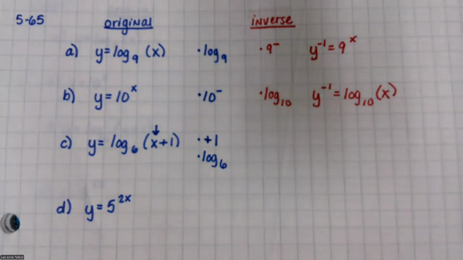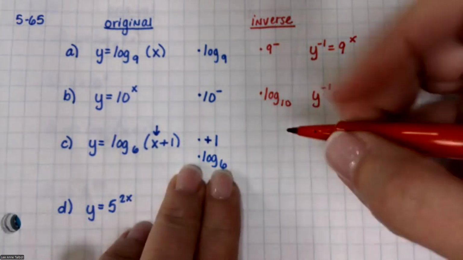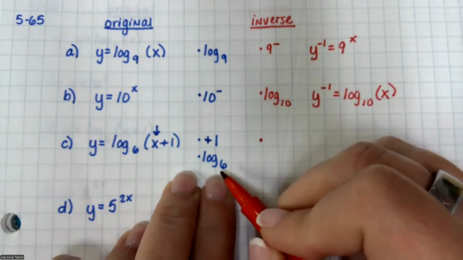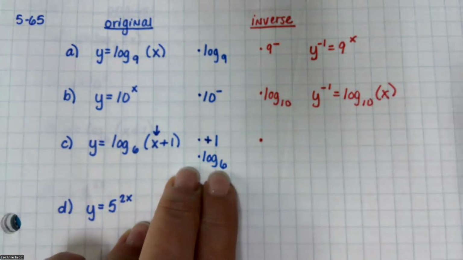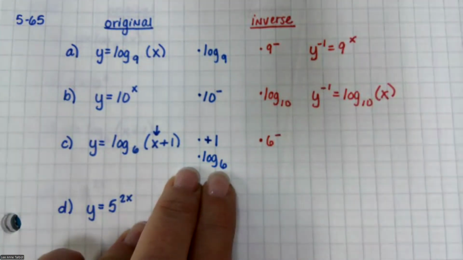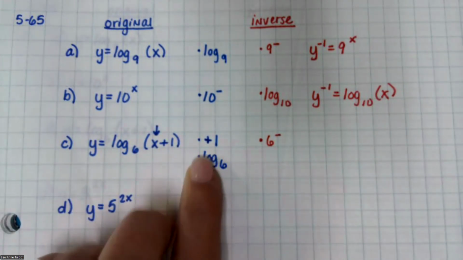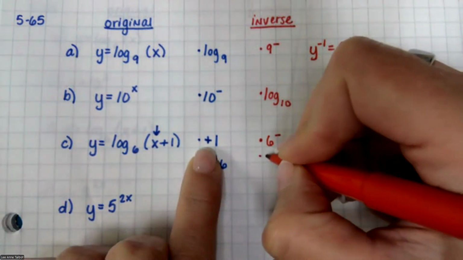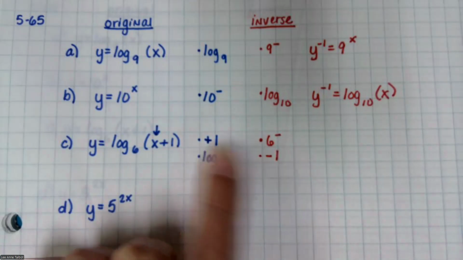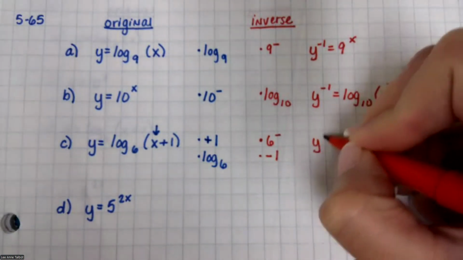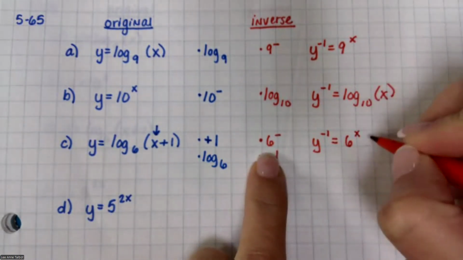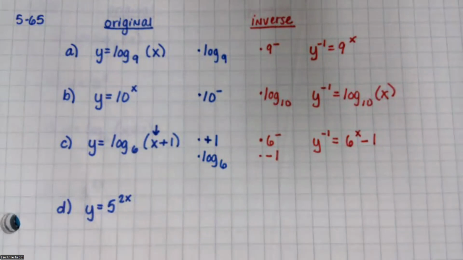Two steps, Mrs. Talbot, how could you? Okay, now we have to go the opposite direction and undo. What's the undo of log base 6? 6 to the, and then minus 1. Okay, so following the steps, y inverse is 6 to the x minus 1 from everything.